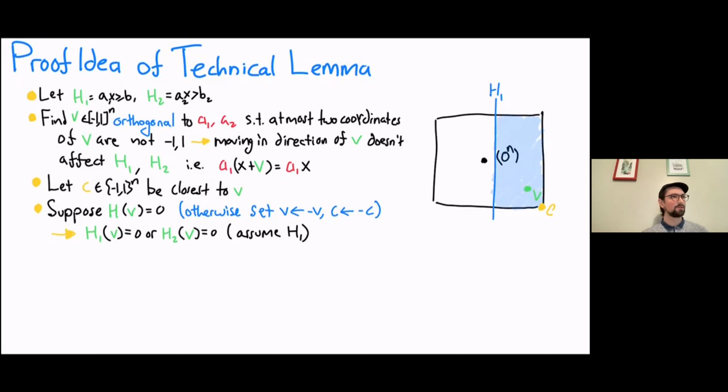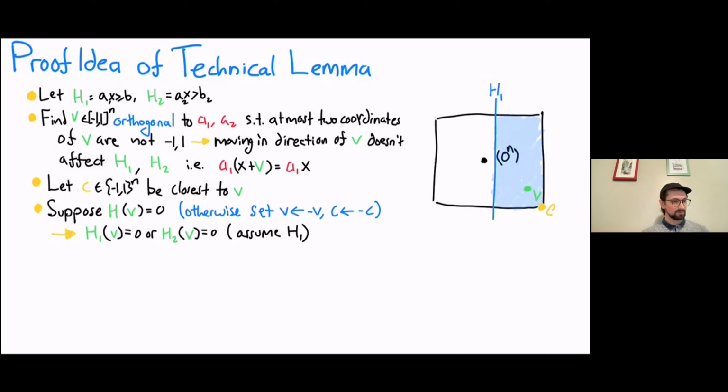If you compare this to the Beame-Oppenheim thing, they are allowed to set only 1 point. So to finish this up, we're going to use V and C, which are orthogonal to A1 and A2, in order to walk to the point that we want.